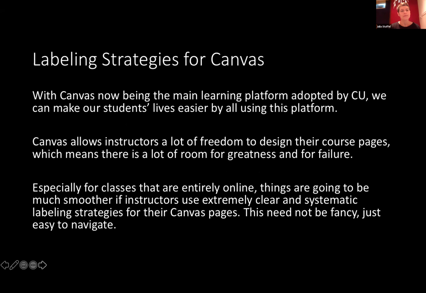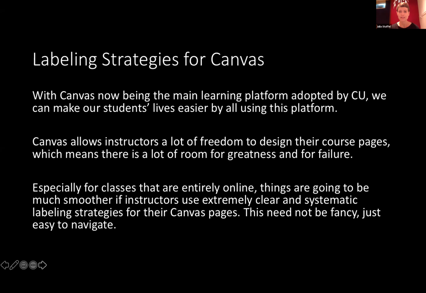So Canvas is now the main learning platform that has been adopted by CU, and we think that we can make our students' lives a lot easier by all using this platform. So we're hoping that everybody who teaches at CU in the fall will use this as the main interaction platform with the students. And one nice thing about Canvas is that it allows instructors a lot of freedom to design their course pages.